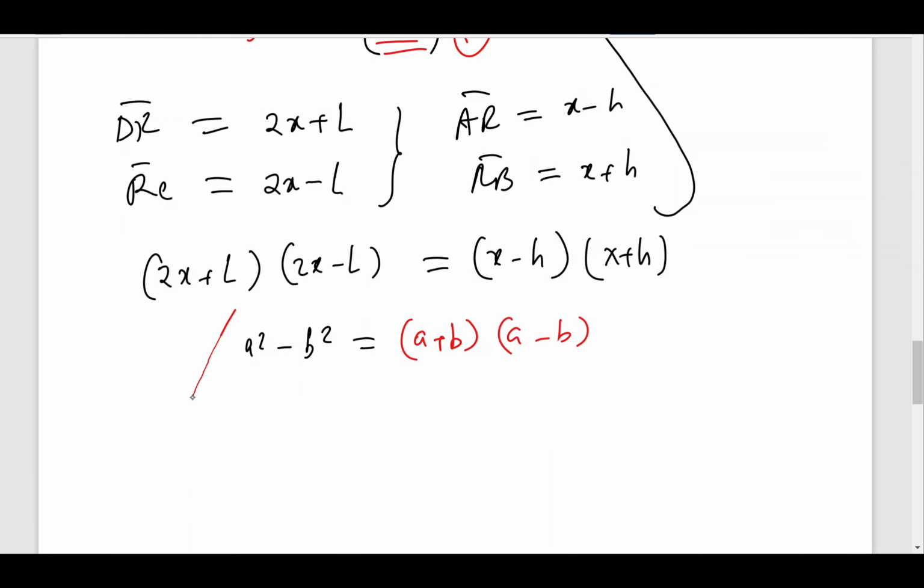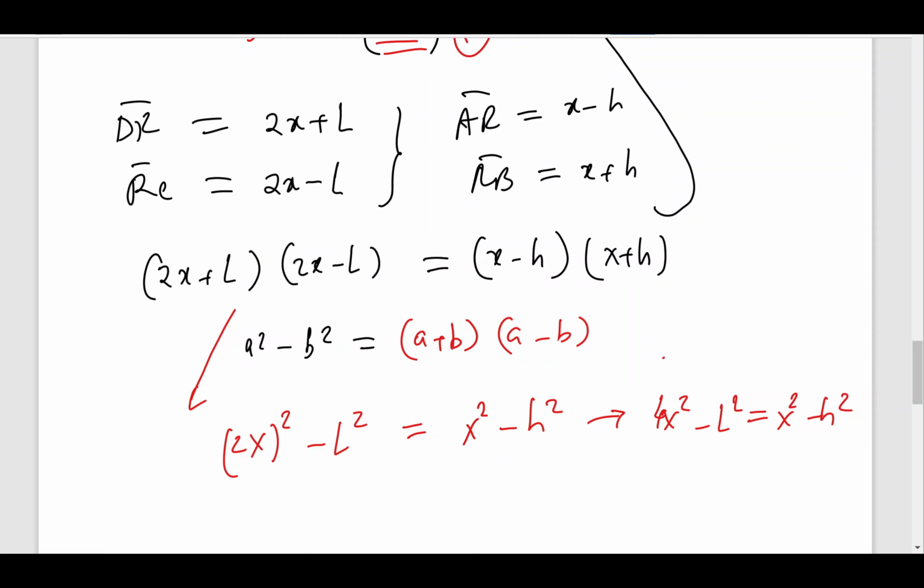So this expression here now will be 4x square minus l square equals x square minus h square. We simplify further, and now we're going to make x the subject, so we have 3x square equals l square minus h square.